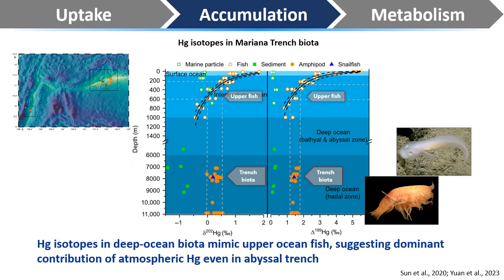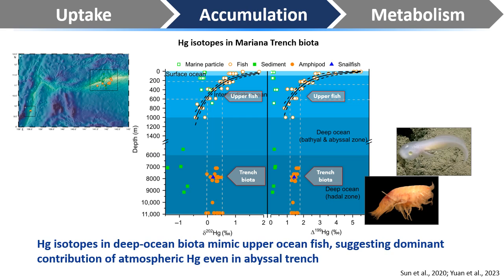And our recent work confirmed that mercury isotopes in deep ocean biota may be unlike the upper ocean fish. Like you can see, the trench biota has almost the same isotopic composition for either delta 202 or capital delta 199. So this probably means a dominant contribution of elemental or atmospheric mercury even reaching the abyssal trench.